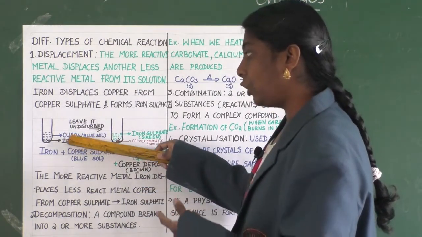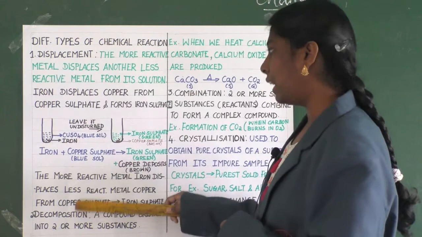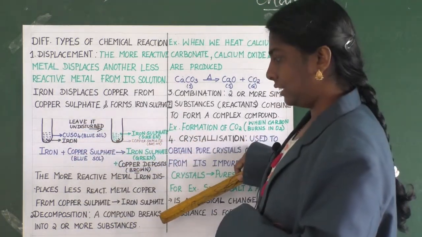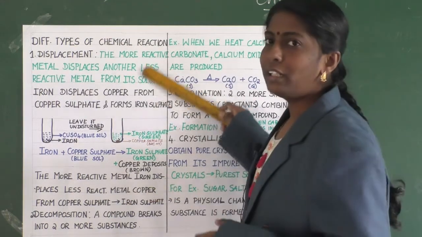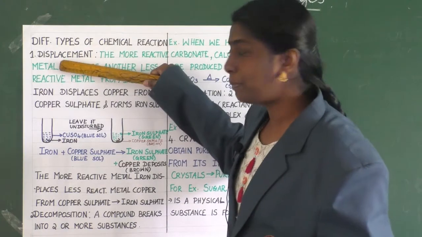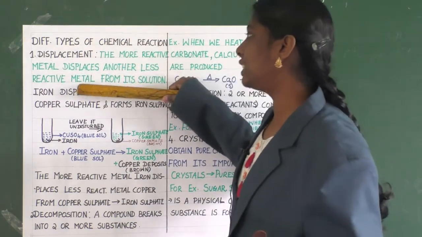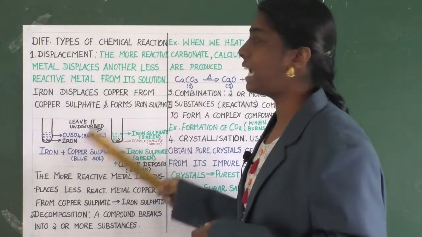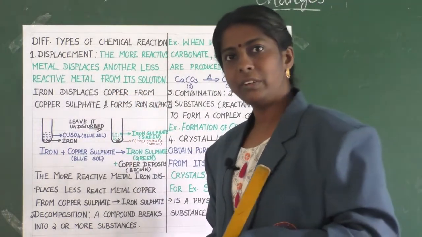Is it not? Copper from where they are taking? Copper from copper sulfate. Okay, so that it together forms iron sulfate. Can you understand? So this is what displacement. Once again, the more reactive metal displaces another less reactive metal from its solution, and this process is said to be displacement. Clear, children?